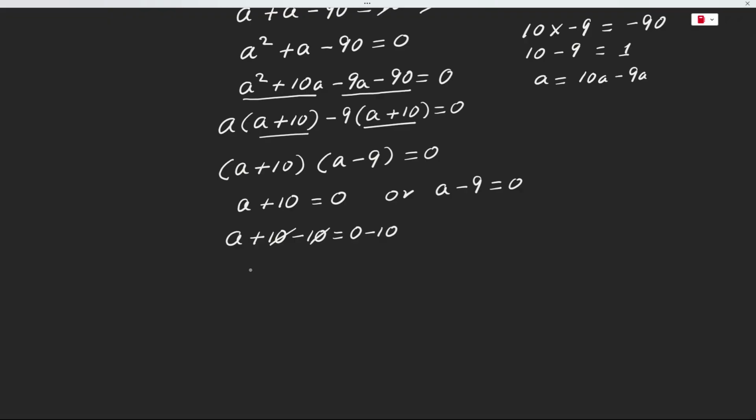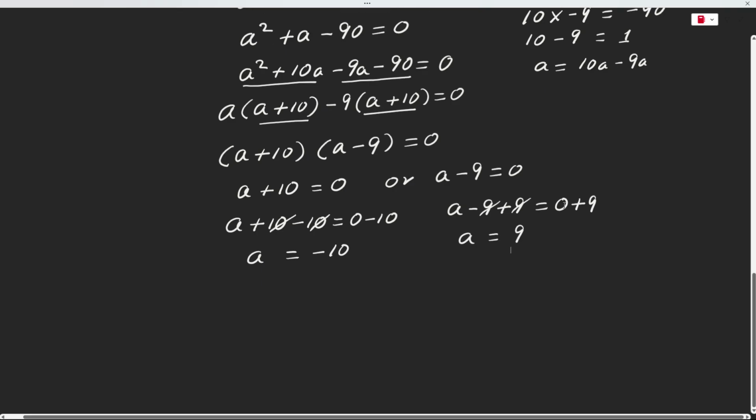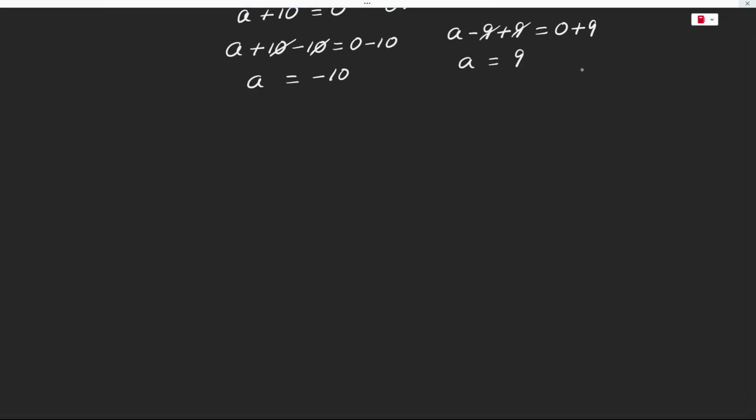This equals a equals minus 10. Now in this equation, adding 9 on both sides we can write this as a minus 9 plus 9 equals 0 plus 9. Here and here 9 will be subtracted by 9. This equals a equals 9.